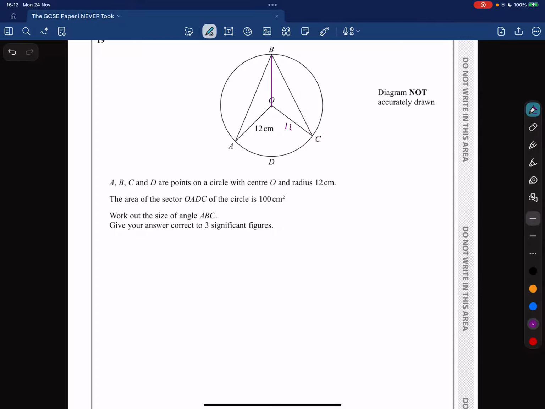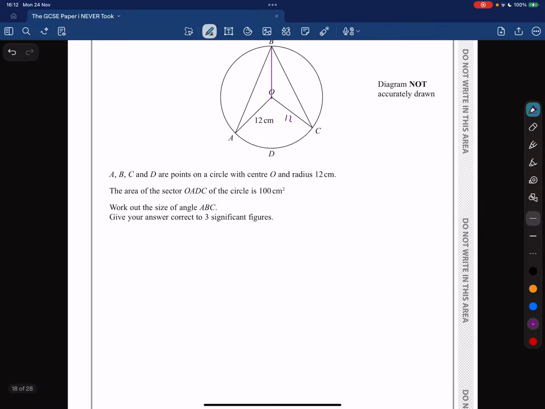So actually, what we've got here is this shape. I know that's awfully drawn. But this is 12, this is 12. Oh, but these two angles are the same. Ooh, this is a tricky one, lads. There's probably a simpler way to do this because I don't remember circle theorems very well.